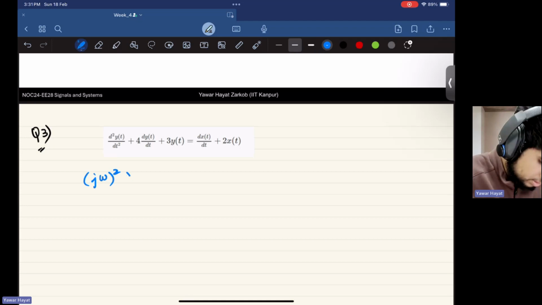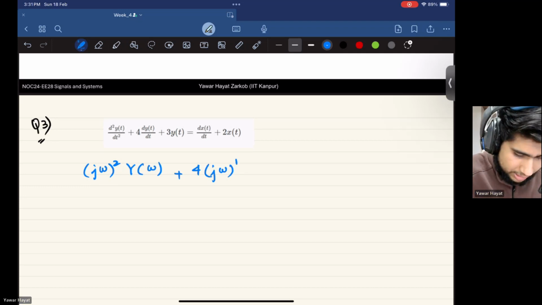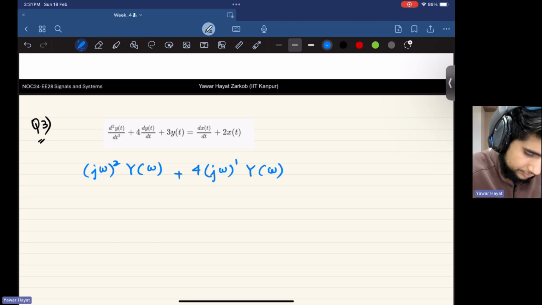J omega square y of omega plus 4 j omega raised power 1 plus y of omega plus 3 y of omega, right?